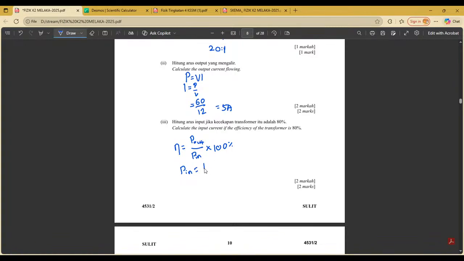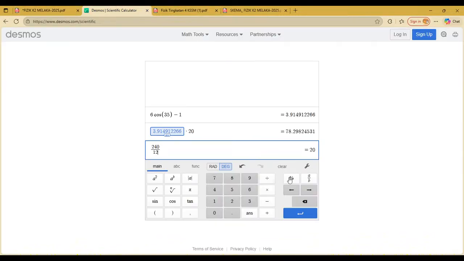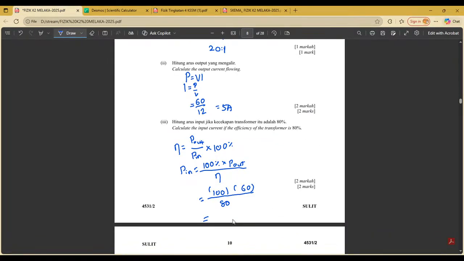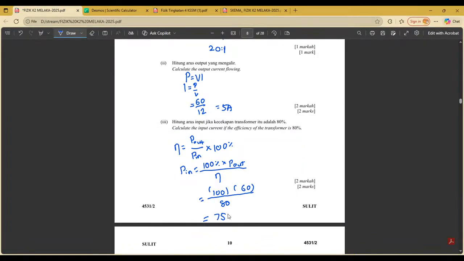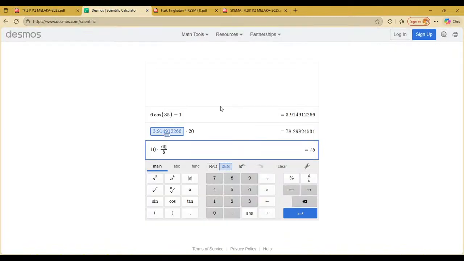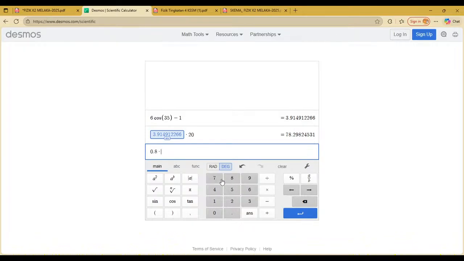P in equals 100% times P out over efficiency equals 60 times 100 over 80, which is 75 watts. 80% of 75 is 60, right? 0.8 times 75, 60, yep.